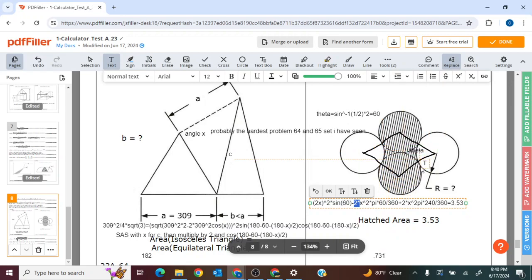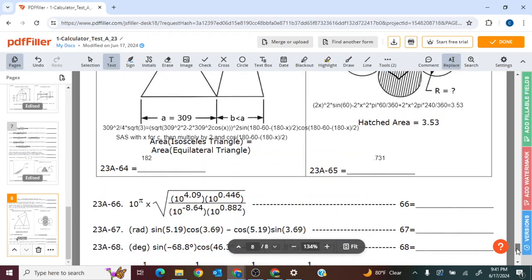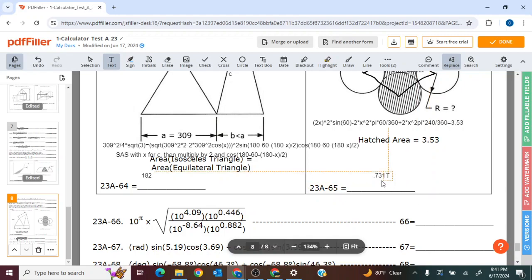Then you add back these two things right here, so 2 times x squared times pi times 240 degrees over 360 degrees, which is the amount this is. This angle right here is 180 minus theta, which is 120, so this entire thing is 240. You do all that, assign it to 3.53, and you will get an R value or X value of 0.731.